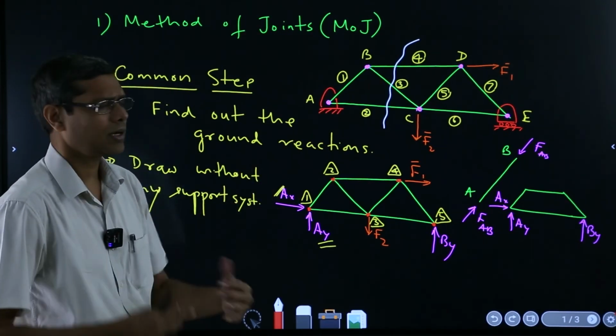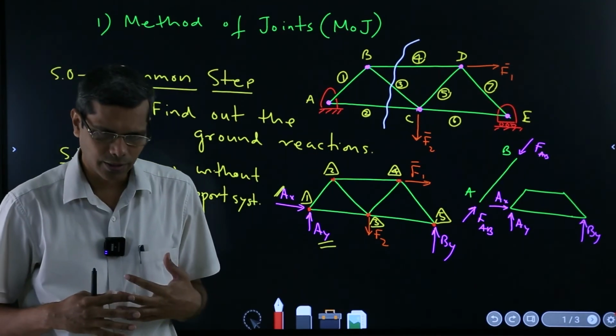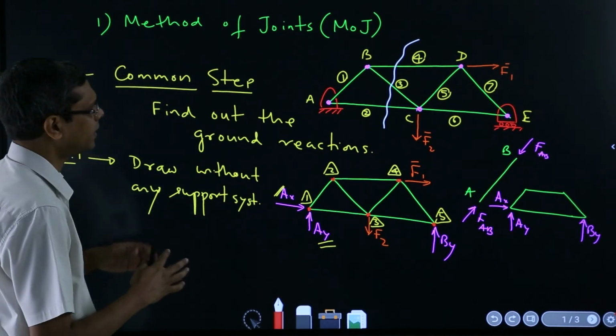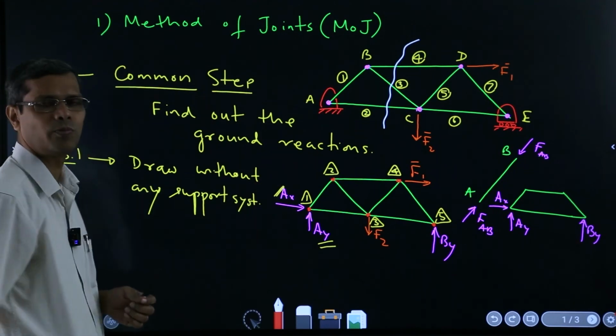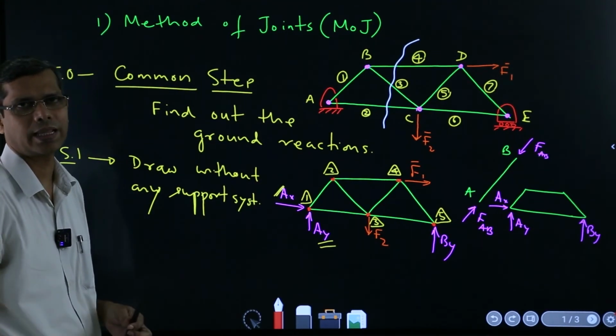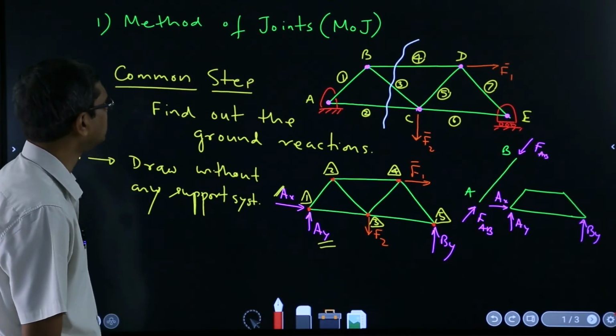And in fact a combination of method of joints and method of section is actually the best thing to do. Once you know these 3 forces, you can go and solve for the single unknown which remains using the method of joints. So that was about these 2 methods.